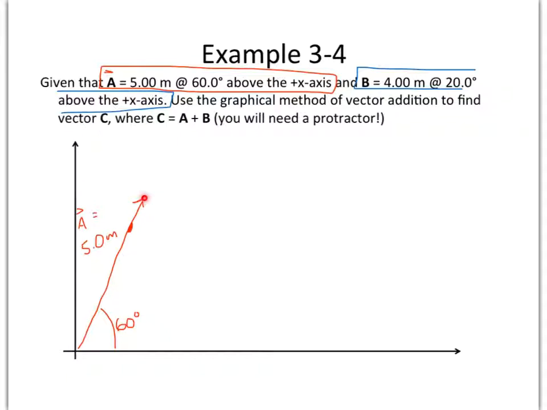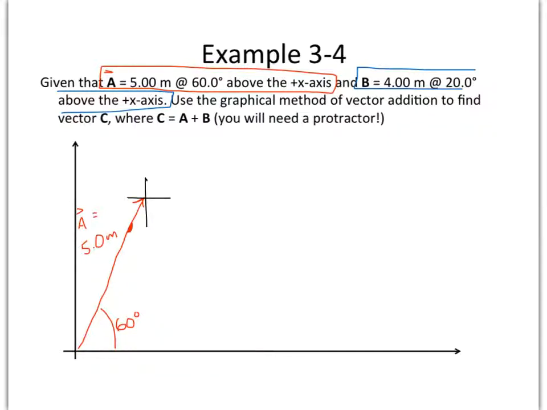So when we add vector B to that, with vector A being the right length and at the right angle, what we do is we start vector B at the tip of where vector A ended. We're going to see that vector B is going to be slightly shorter, and it's going to be a little bit more shallower angle. So pretend that we're starting at a whole new origin where vector A ended, because here's where vector B is going to start.